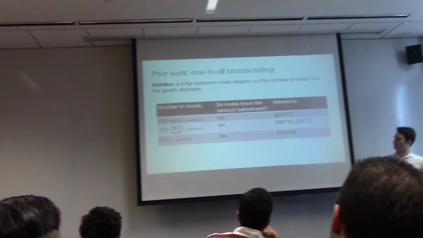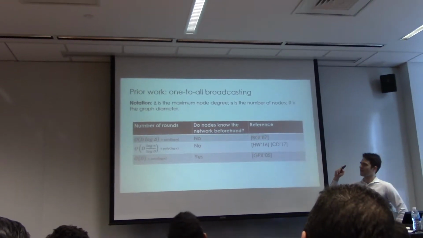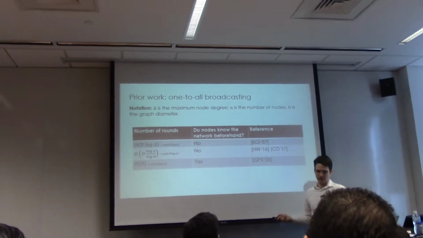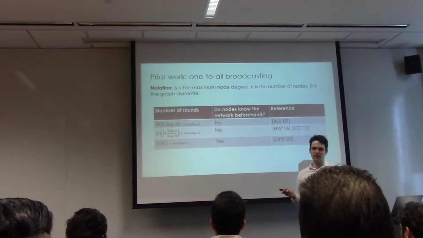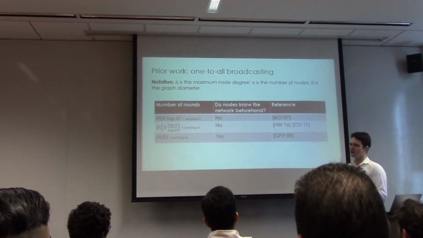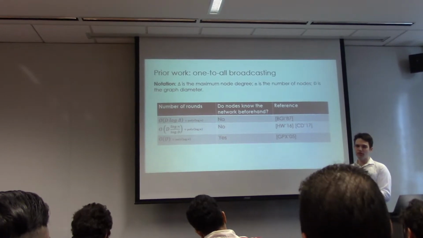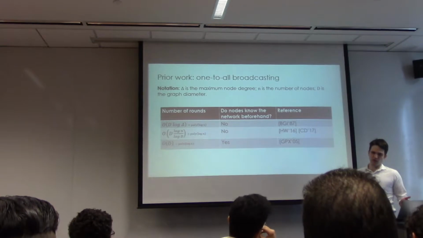These protocols are good because they do not require the network to know everything. The network doesn't know the topology, the network doesn't know much. On the other end of the spectrum is the protocol where you know the entire topology. The nodes can collaborate before the protocol starts, so-called.